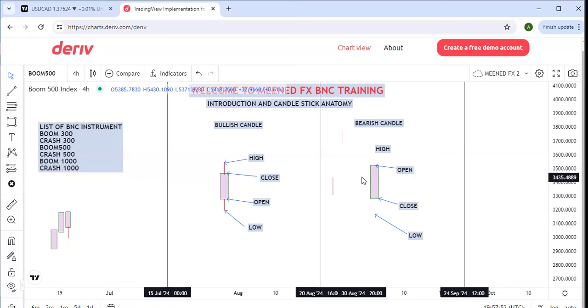I think these are some of the most notable things you need to know before we start talking about structure at all. All right, you need to know how candlesticks look. You need to know how candlesticks form. You need to know, when you see a particular candle, what it represents and what the major interpretation means. All right.